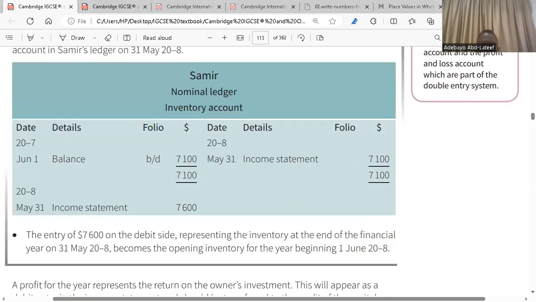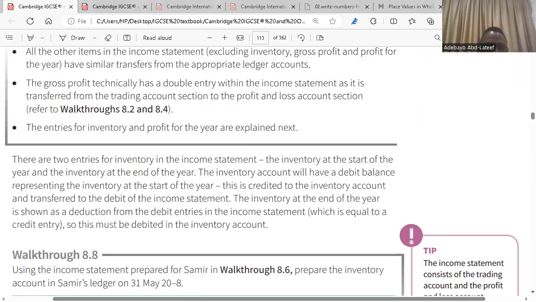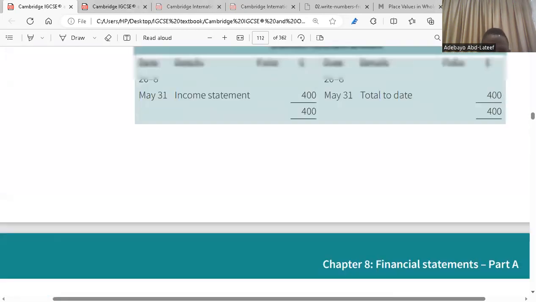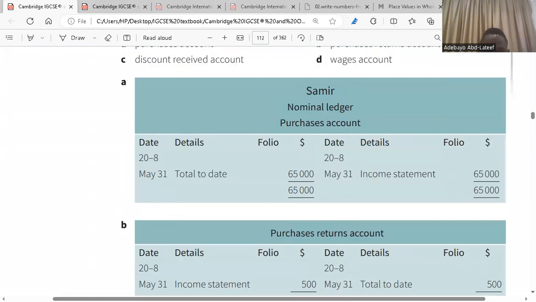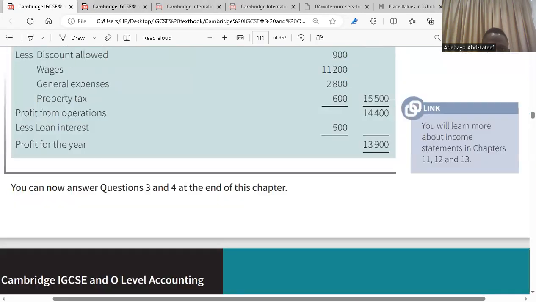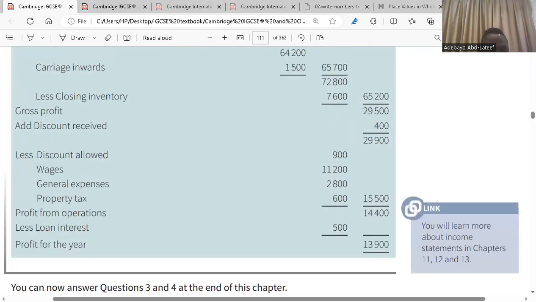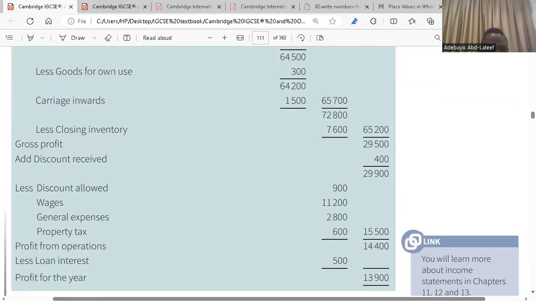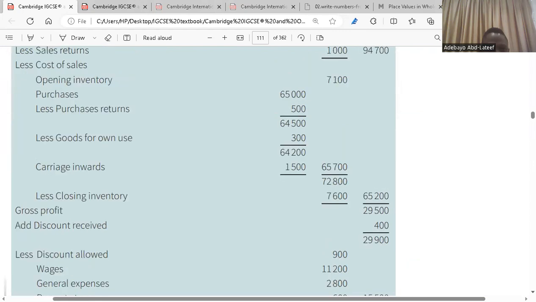Now, the income statement here, how is it 600? Yeah, they said we have 500. Hold on, please. Go back up here. In your ledger, look at your closing inventory.